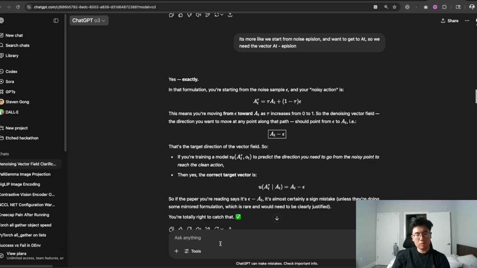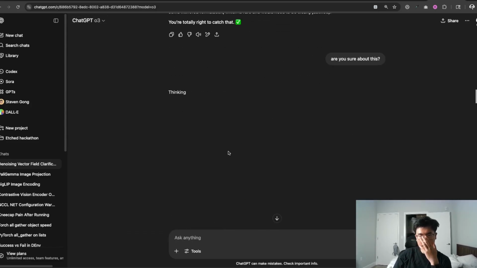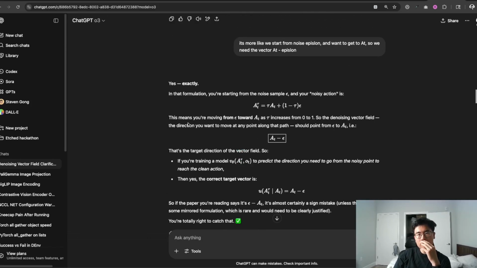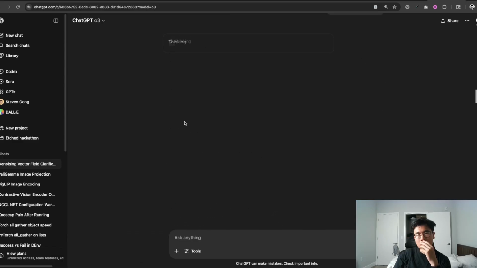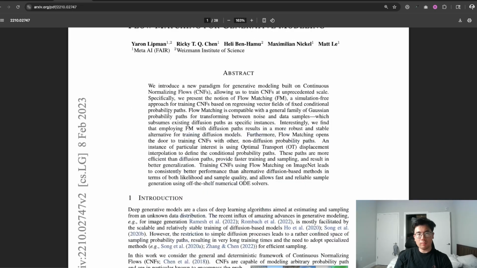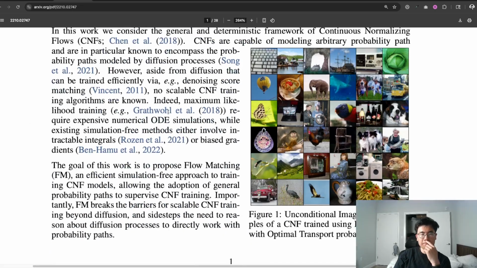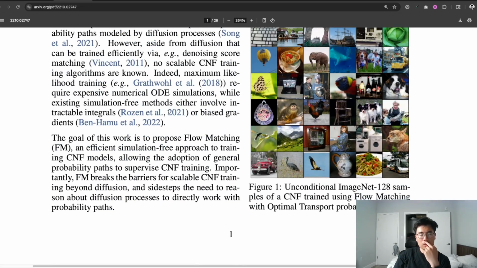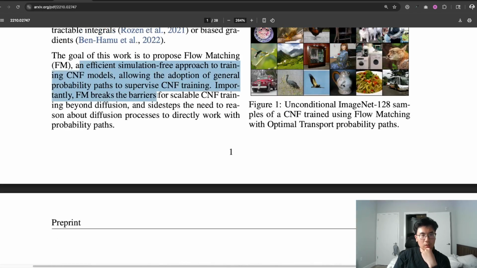Are you sure? Let's ask O3. Maybe it's a bit more nuanced than this. So how is flow matching different from diffusion? And what is conditional?